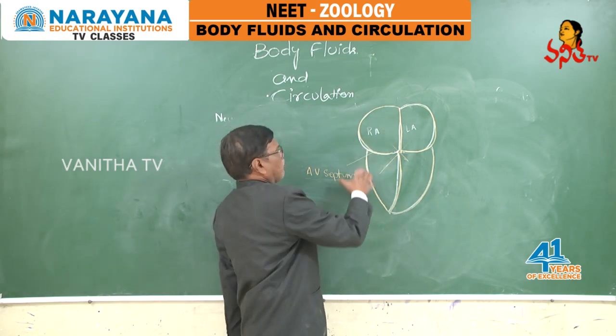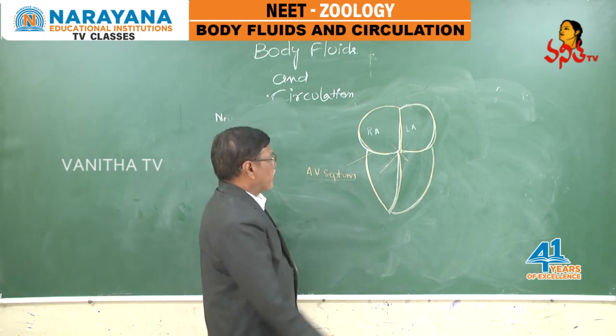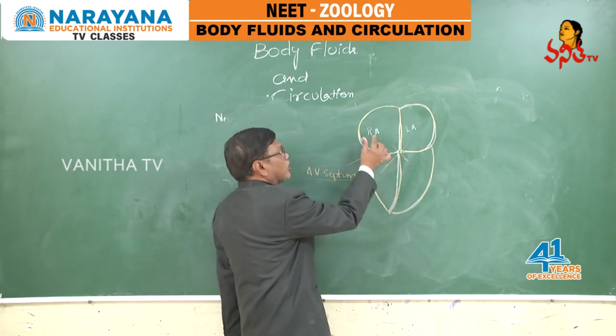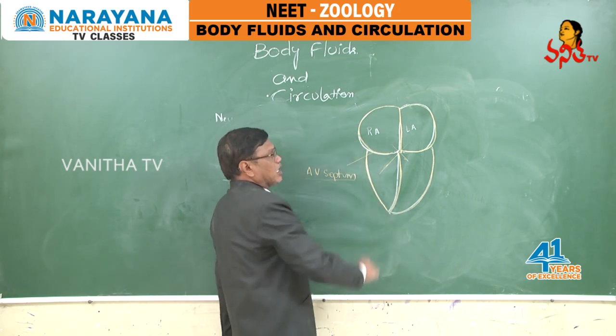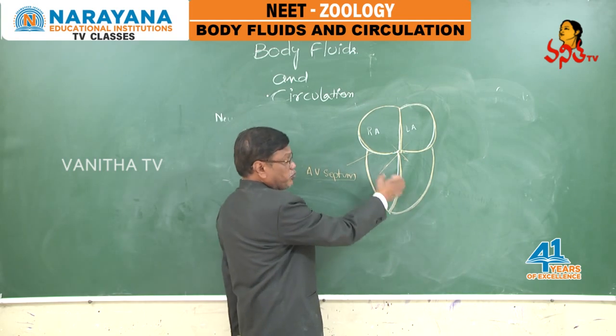No doubt, the entire walls of the heart are muscular, but compared to ventricles, auricular walls are less muscular, because the ventricles have to pump the blood.